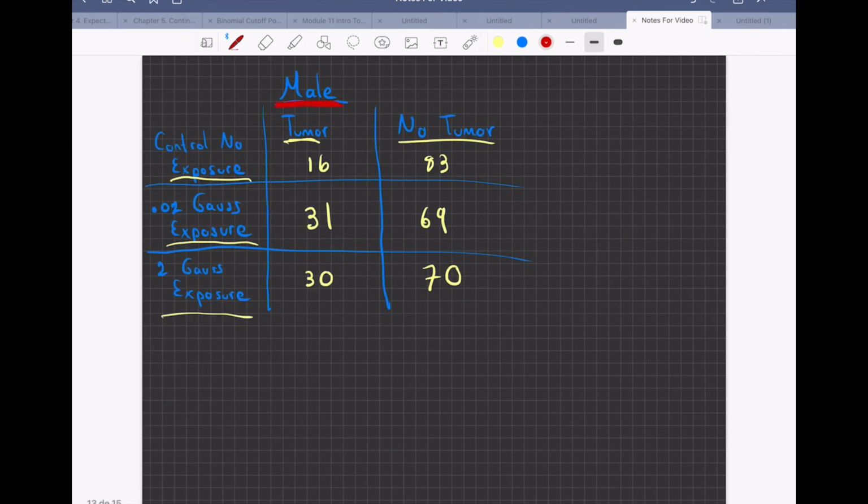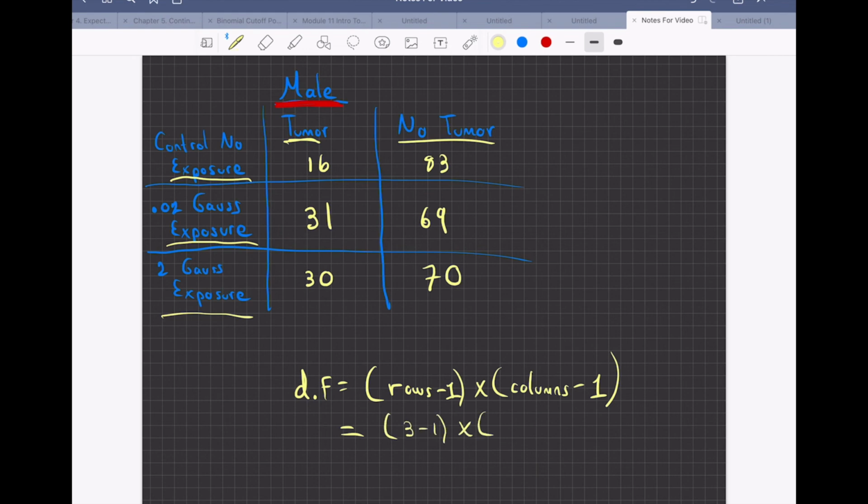In this case, they are computed by number of rows minus 1 times number of columns minus 1. We have 3 rows, so 3 minus 1, times 2 columns minus 1. So it's going to be 2 times 1 only. So the answer is 2.